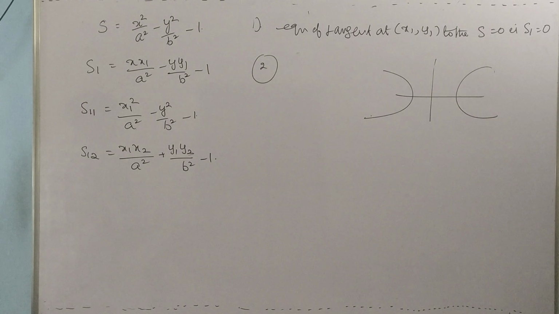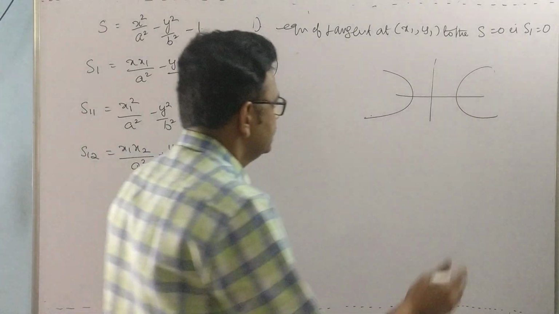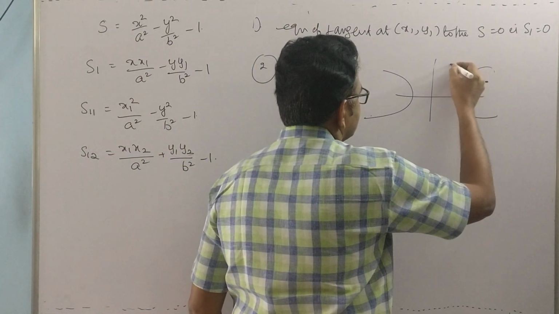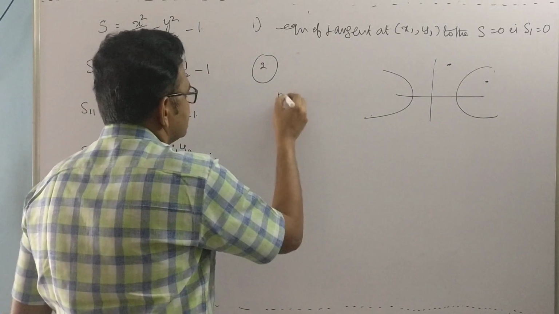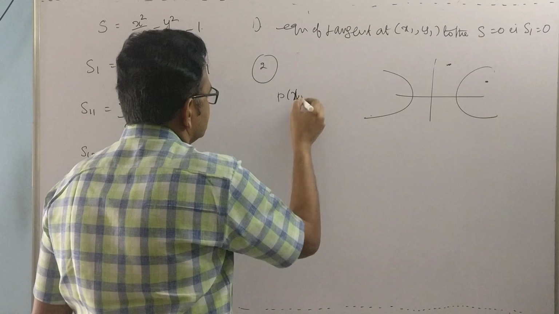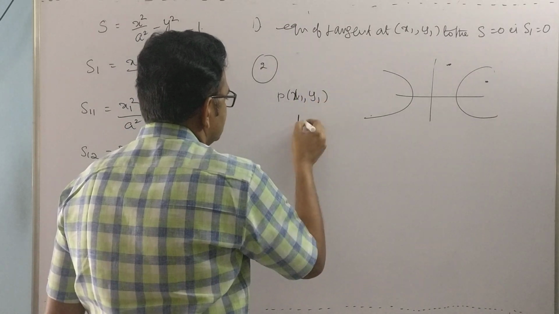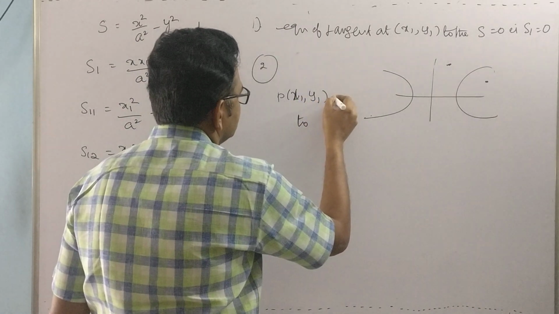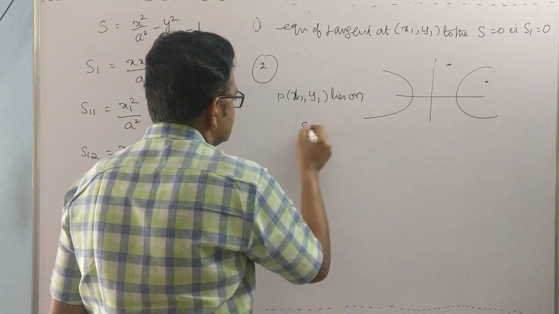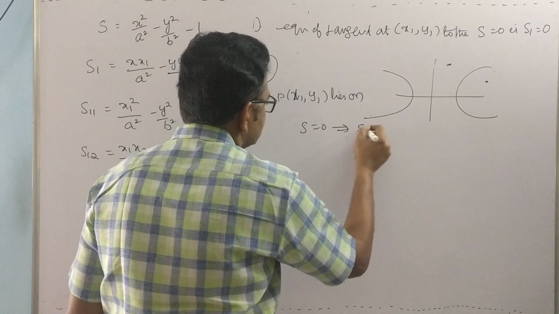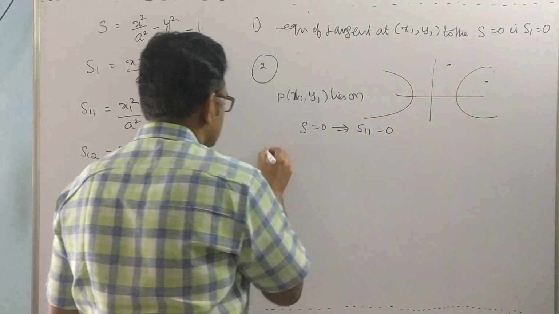If the point lies inside or outside, so this is the interior point, this is exterior. So P x1 comma y1 lies on hyperbola S equal to 0 implies S11 is equal to 0.